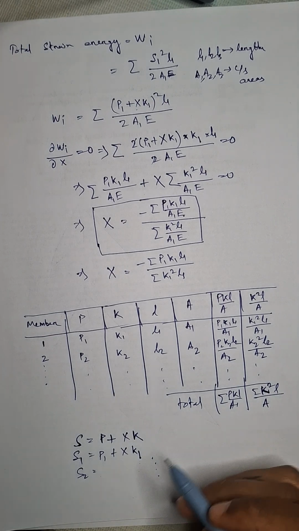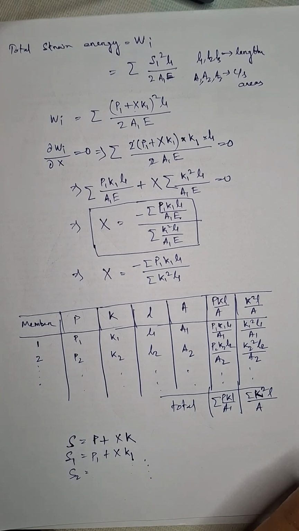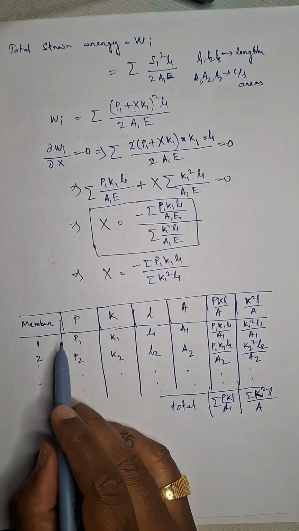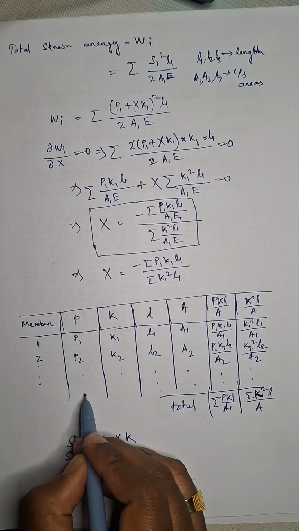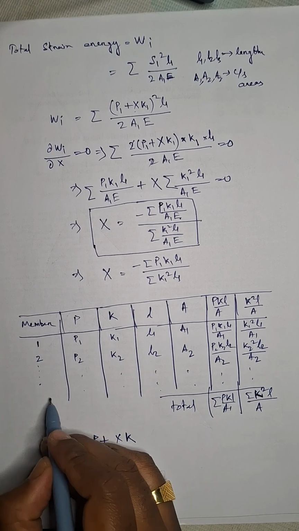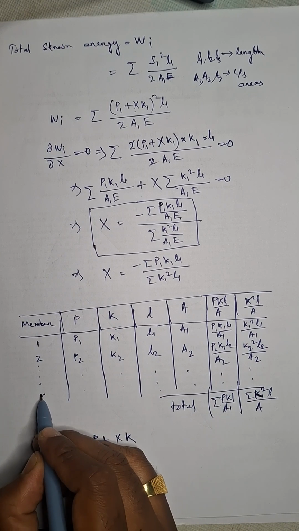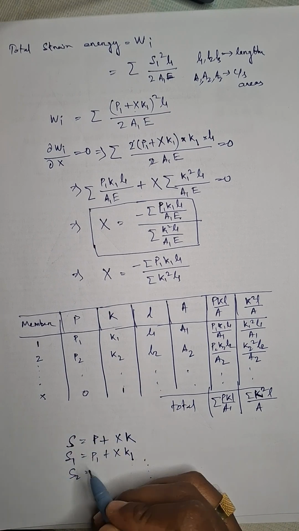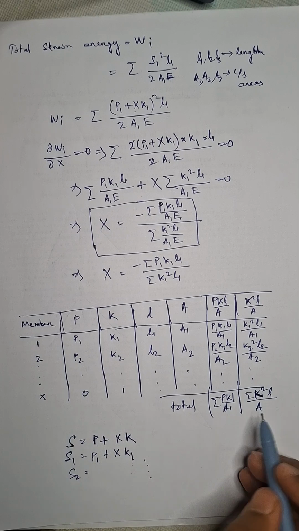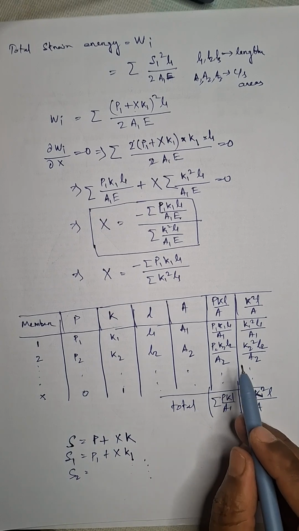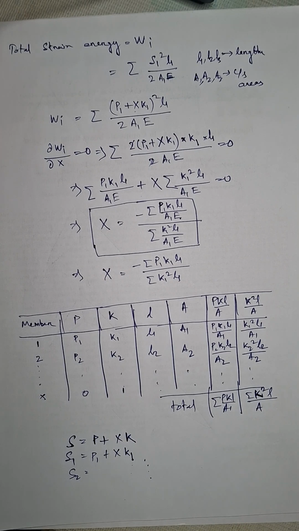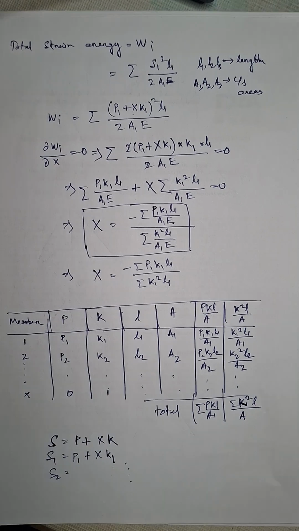Here one note: for the last member, which is the redundant member, the X member, P will be 0 and K will be 1. So don't get confused while doing the calculations. We'll solve one problem which will be easy to understand.